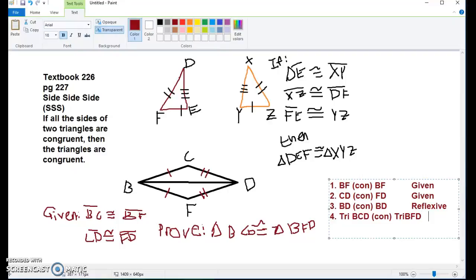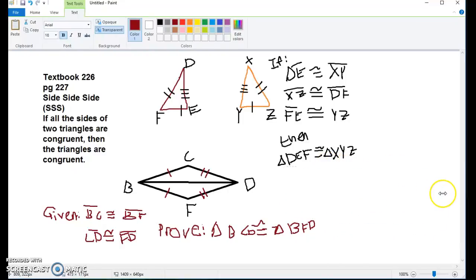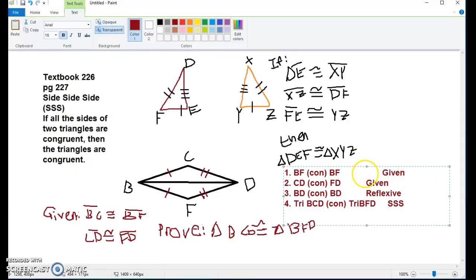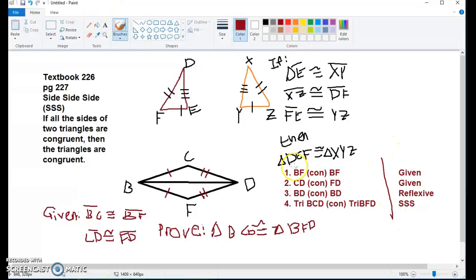And the reason for that would be SSS. So here you have your proofs. This would be the statements, and this would be the reasons.